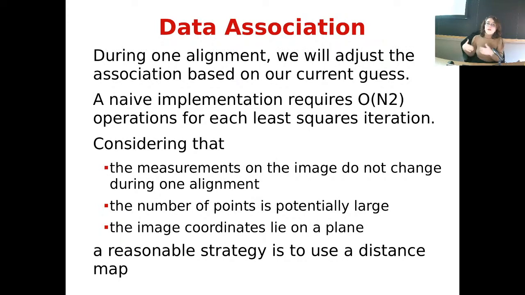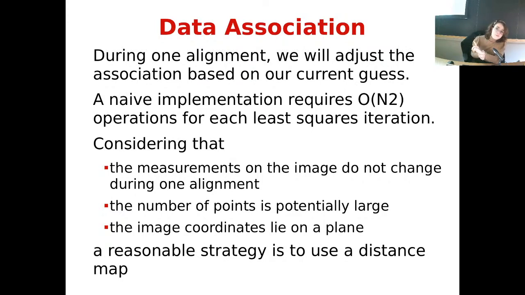So for each iteration we project the n points onto the image, and then for each point we should find the nearest neighbor, which is n checks for each point, so in the end we have O(n) times n, O(n^2) operations.